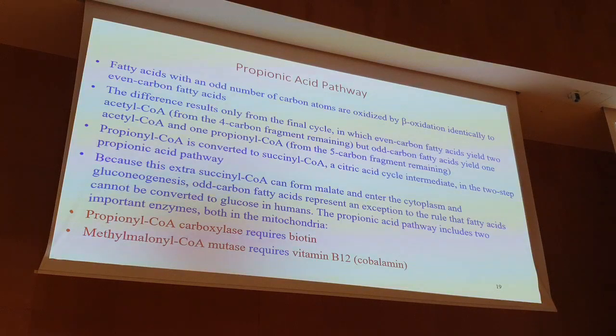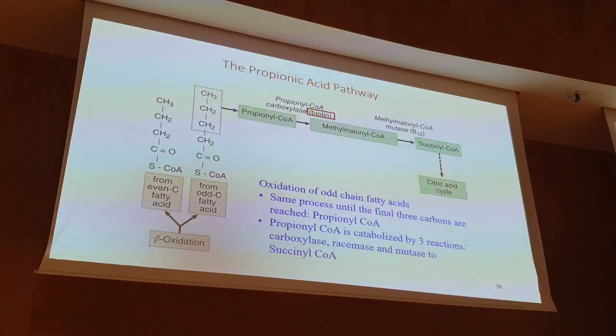So for odd number fatty acids, you'll end up with this last 3. You'll turn that into propionic acid. Okay? That propionic acid will then be converted, and I'll come back to the wordy version. There we are.